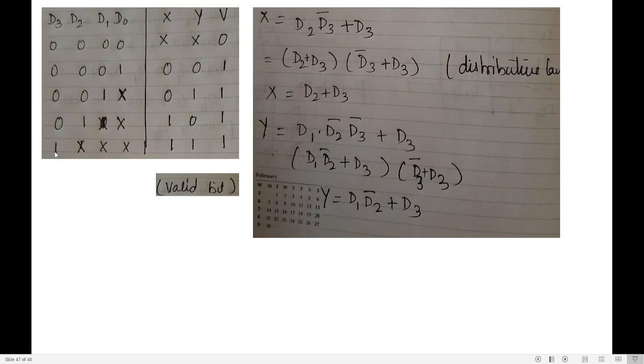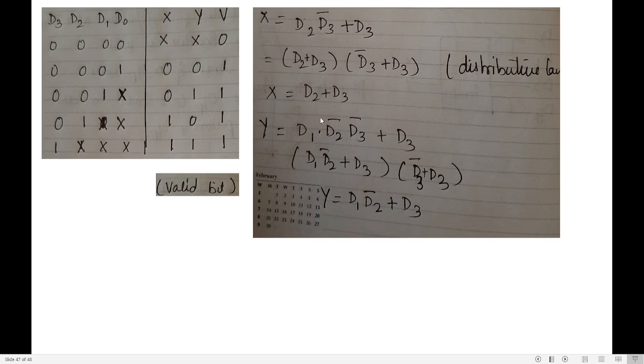See its corresponding input, D3. So for this one, it is D1, D2 bar, D3 bar plus D3. Now again, apply the same distributive law. Treat D1, D2 bar as a single term. D3 bar plus D3. Can you understand?